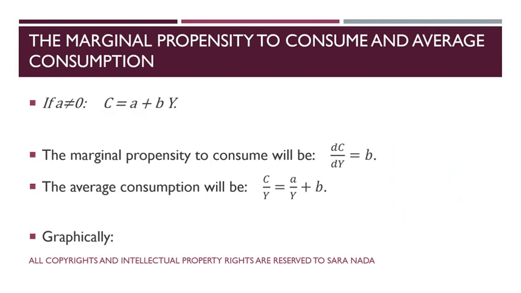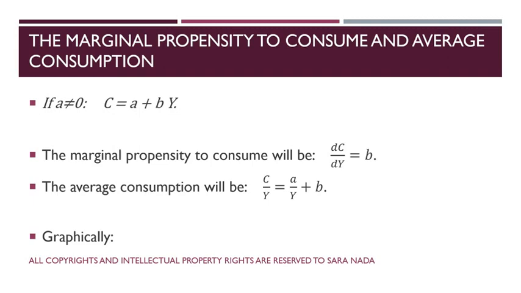Now let's move to the general case, which is the case that we stated at the beginning when we were introducing the concept of the marginal propensity to consume and average consumption. What if A does not equal 0? If it is any positive value, then we will have the consumption equals A plus BY, which is the general equation of the consumption function that we stated at the beginning.